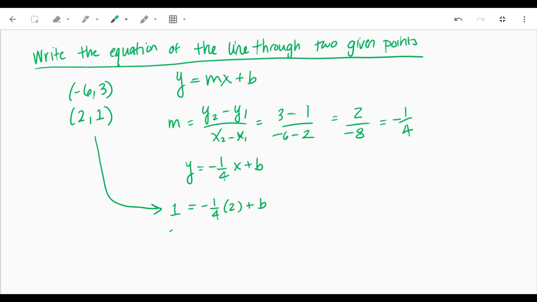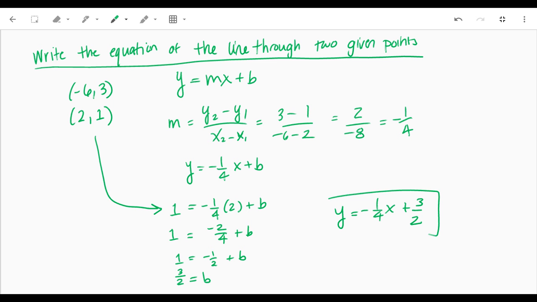So 1 equals -2/4 plus b, which is -1/2 plus b. So if I add 1/2 to both sides, I'll have 3/2 equals b. Okay, so y equals -1/4 x plus 3/2. There we go.